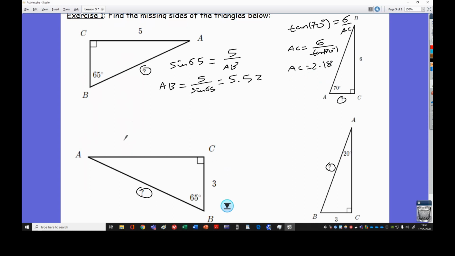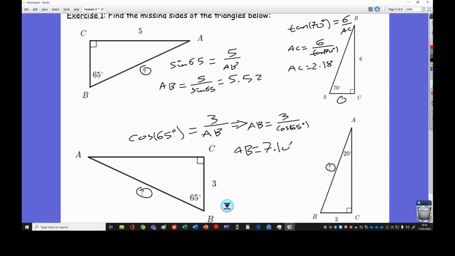For the next one, you should have cosine 65 is the adjacent 3 over the hypotenuse AB, which means that AB is going to be 3 over cos 65. So 3 divided by cos 65, we get 7.10.